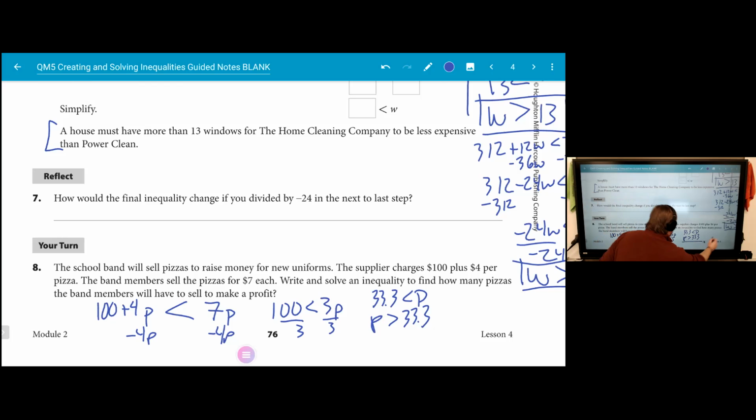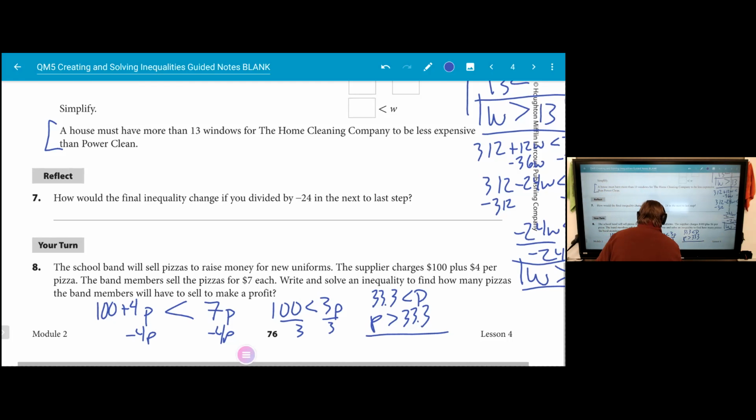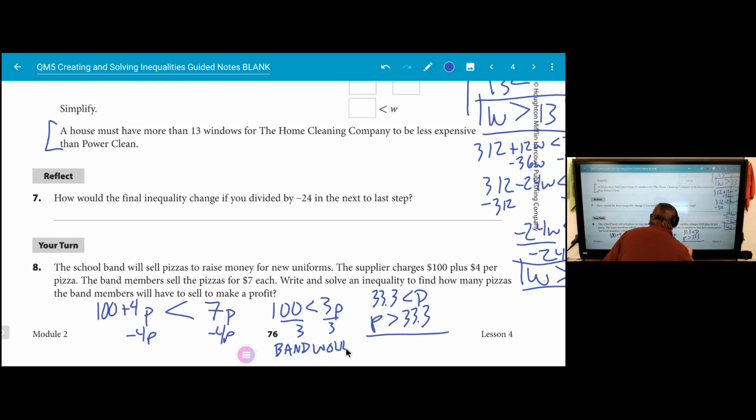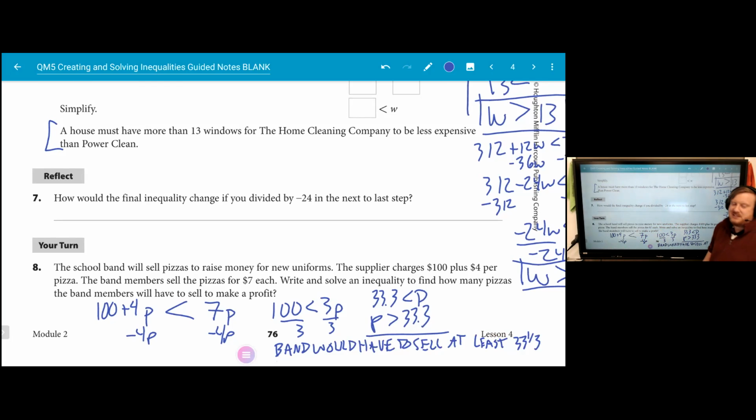They have to sell at least 33 1/3. We can round it up. Generally, you're not selling partial pizzas, but let's say we did. Okay. Band would have to sell at least 33 1/3 pizzas, or you could say 34 pizzas if you're saying they're buying whole pizzas.